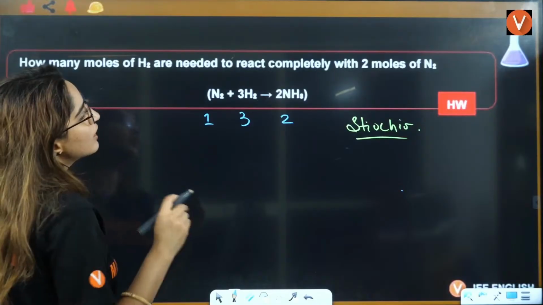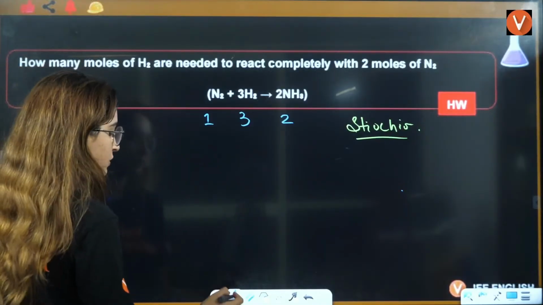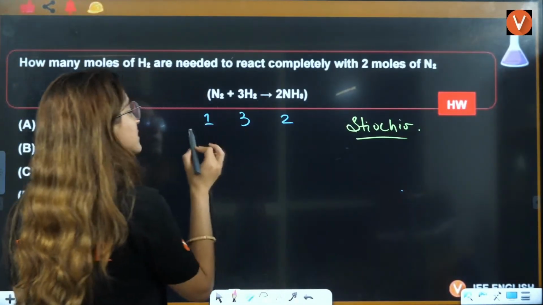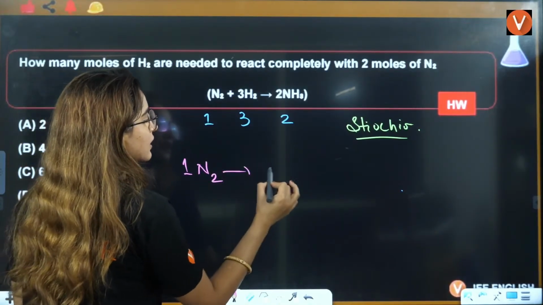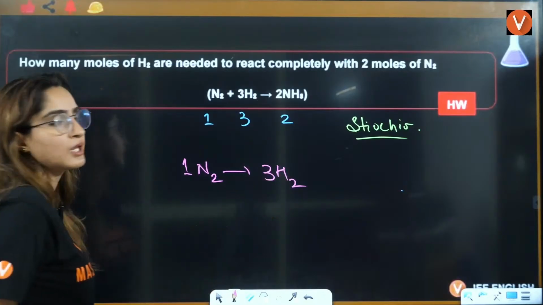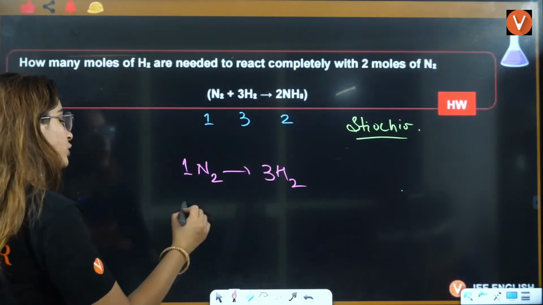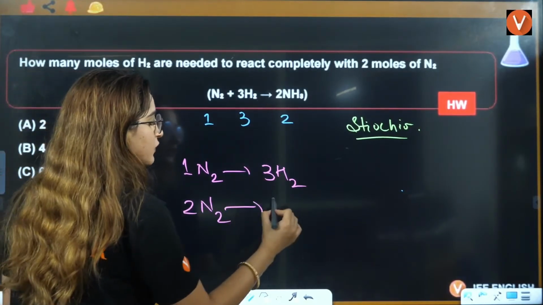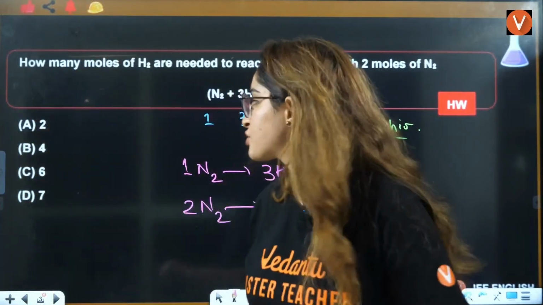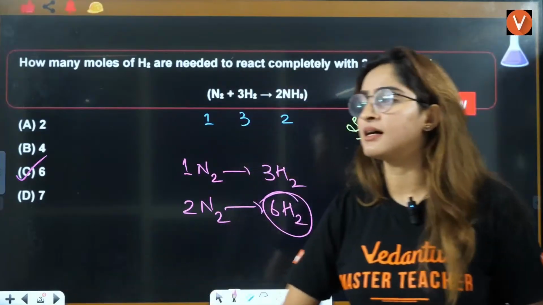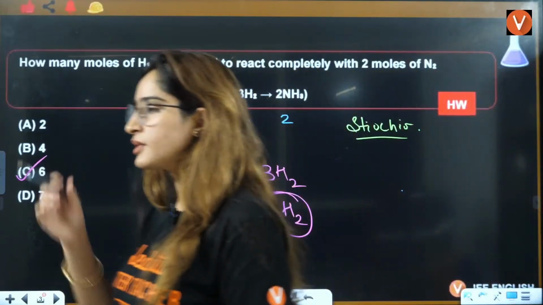They have given me 2 moles of this. So we can just say that 1 mole of N2 reacts with 3 moles of H2. Then 2 moles of N2 will react with 3 into 2, that is 6 moles of H2. So 6 is the correct answer here, right?